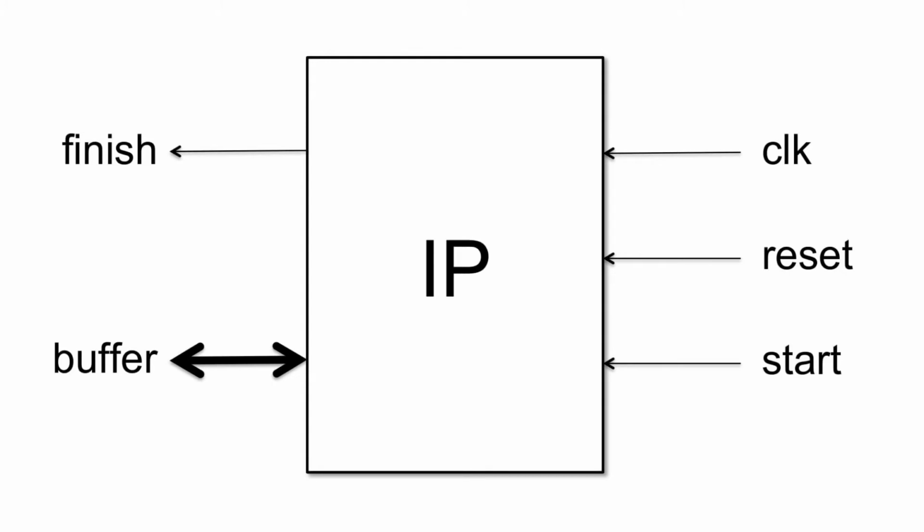The finish port is used to inform the application that the accelerator has already processed all data. The buffer port is a SystemVerilog interface with built-in functions that abstract the communication with the CCI-P interface.